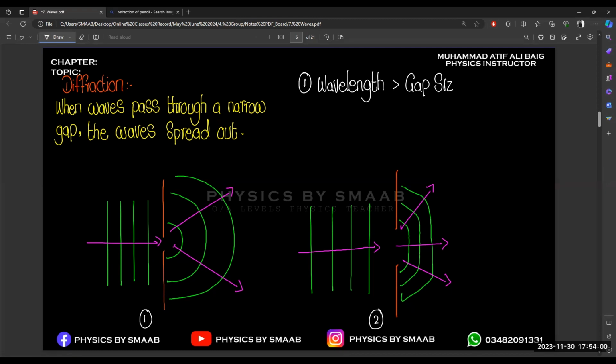So definitely the wavelength will be greater than the size of the gap. And if we talk about the second diagram, you can see the gap size is greater as compared to the previous one. So definitely your gap size will be greater than the wavelength.